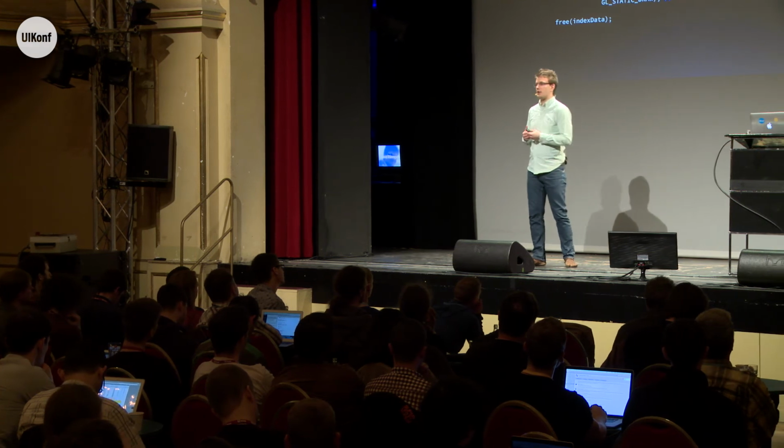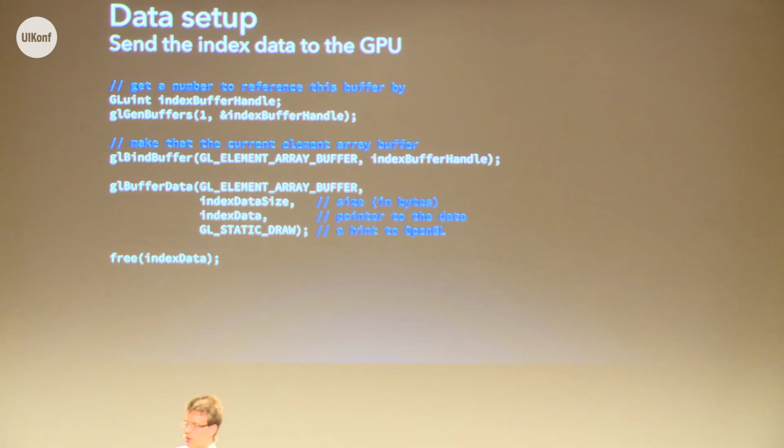We allocate a buffer for it. We bind that as the current element buffer, and we allocate memory and send our data to it as just a bunch of bytes. So this is the setup part. And what we have from here is that we have passed our data to OpenGL, and we have a bunch of numbers to reference our shaders, our attributes, our uniforms, and our geometry and index data by.